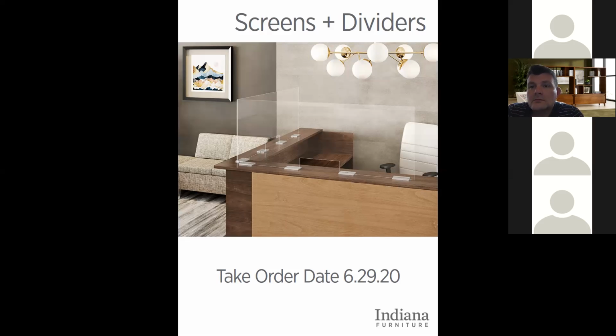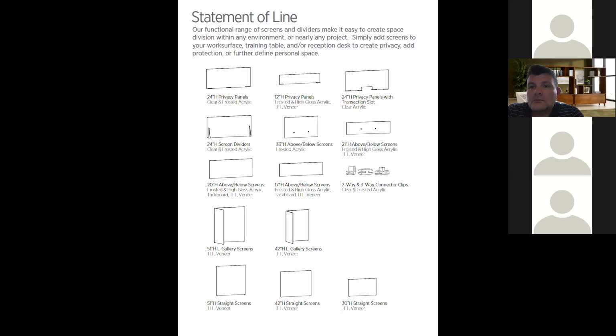Okay, so some of these screens and dividers that you're going to see throughout this presentation may look very familiar to several of you, because some of them are already part of our Canvas and Gesso product line.